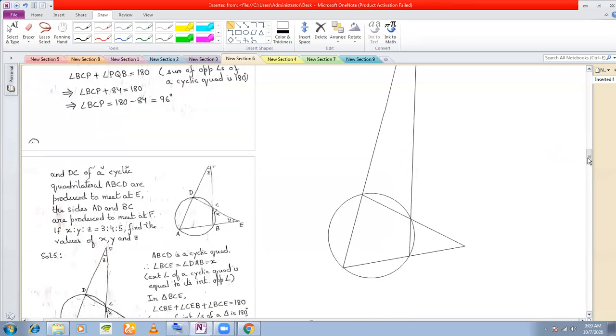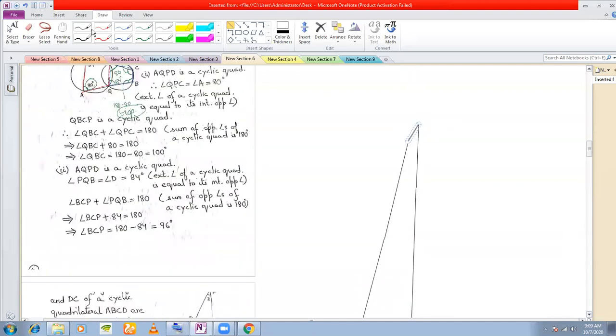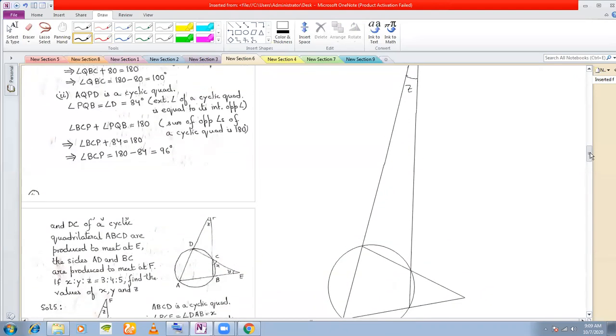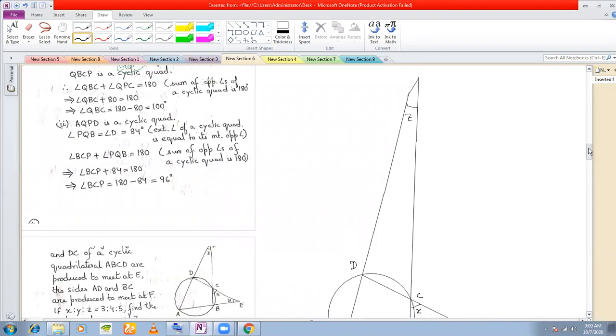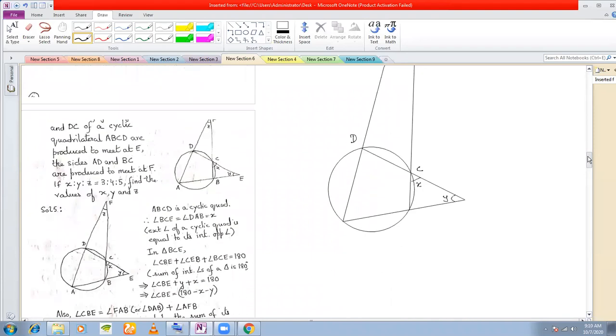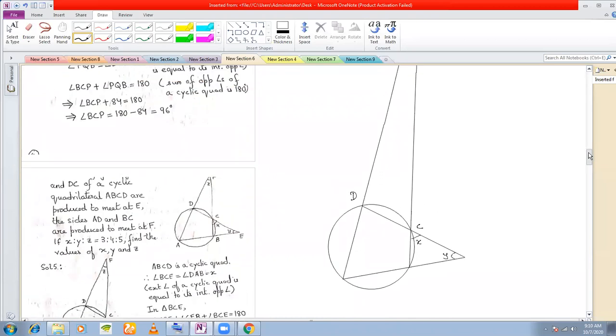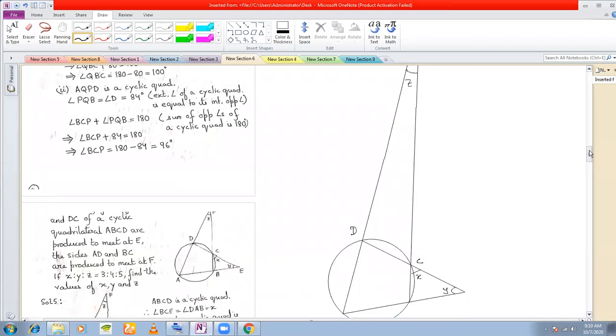Okay, and what are the angles given? This angle is given to you as Z, and this is going out of the screen somewhat. Okay, fine. This angle is given to you as X. This angle is given to you as Y. This is D, C, and this point is given to you as P, I think.